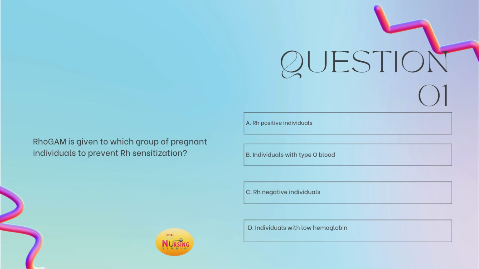But say that we don't do this preventative measure, right? Giving the RhoGAM to this Rh negative woman, and antibodies are formed. Just to give an example, if she had an Rh positive baby and antibodies were formed, and in another pregnancy that baby is Rh positive as well, then it can cause hemolytic fetal disorders, because her body now has formed an immune response with antibodies against Rh positive.